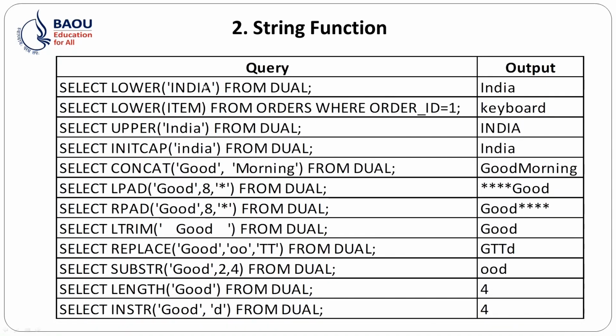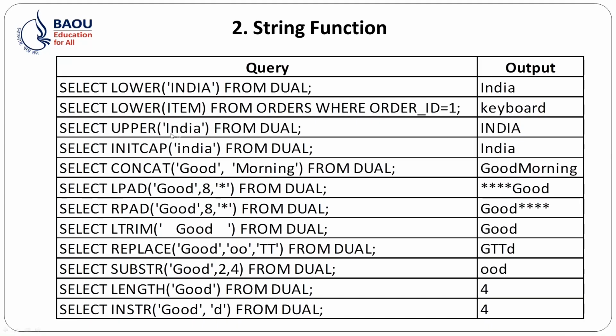This is the string, so we can pass the value within single quotation marks from dual. Then it returns the lowercase letters. Now, lower items from the order table: the item column values from the order table, where order ID is 1. The order ID 1 value, keyboard, is in lowercase letters.